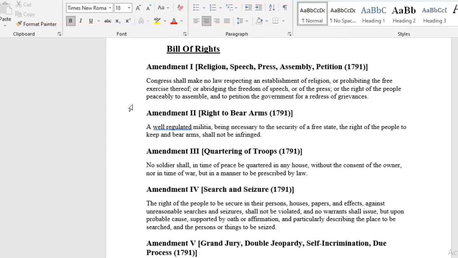To tell me that I need a concealed carry license to carry my arms is an infringement on my right to bear those arms. So this is why we need to know our Constitution, and we need to know something about the Supreme Court rulings that back up the Constitution, and why we all need to be active in what happens in our government. Okay, any questions?